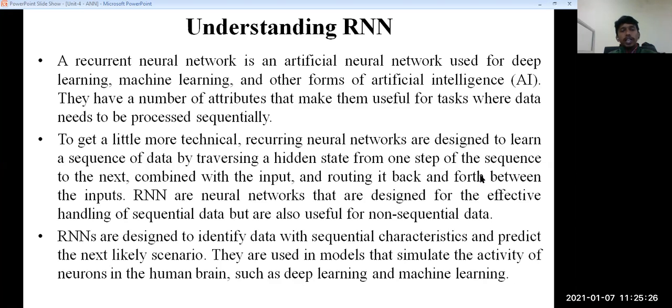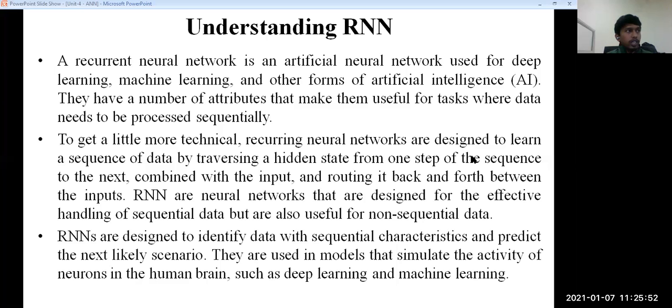They have a number of attributes that make them useful for tasks where data needs to be processed sequentially. Whenever you have sequential data processing, the default choice of neural network is the recurrent neural network. But training recurrent neural networks is not an easy task. It needs a high-end programming language and an understanding of the network.